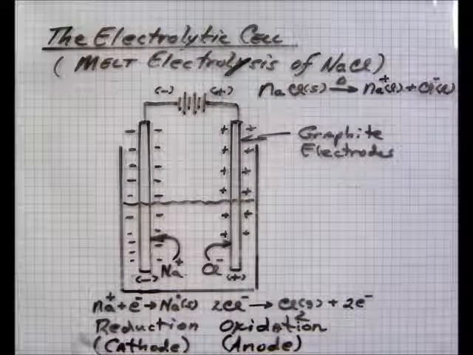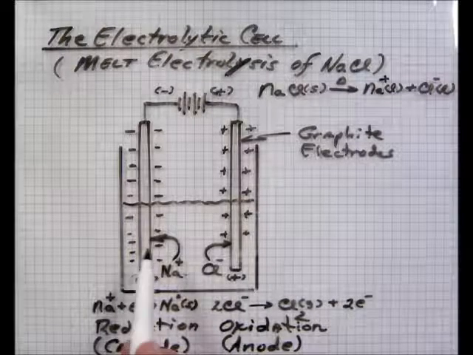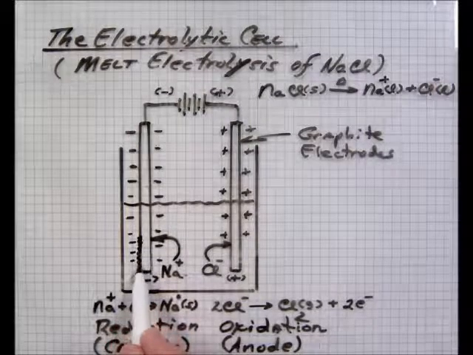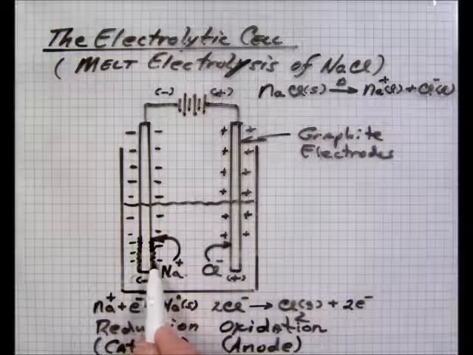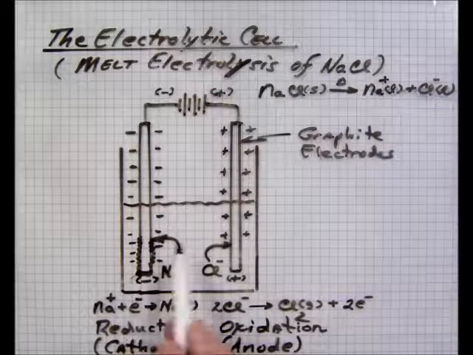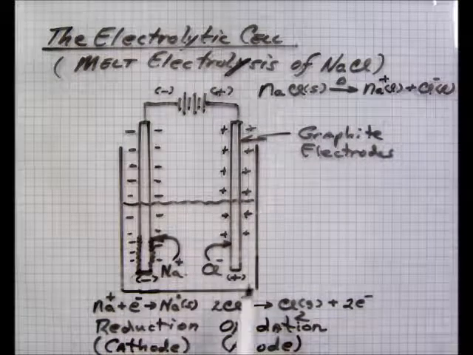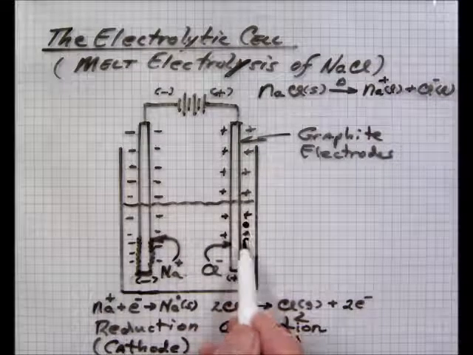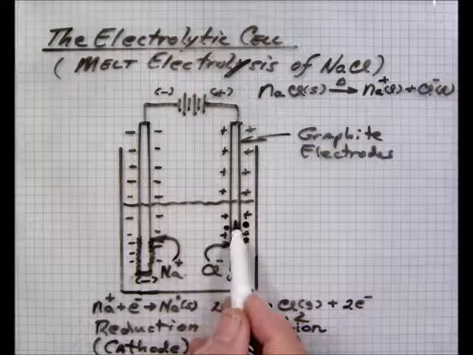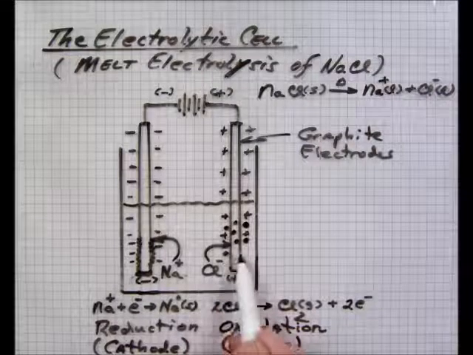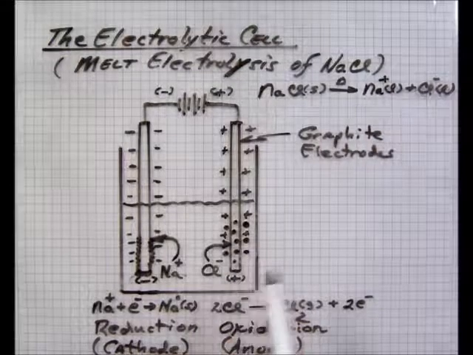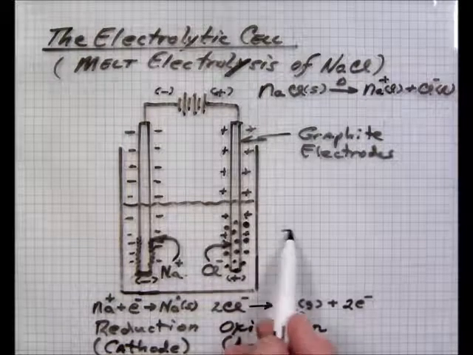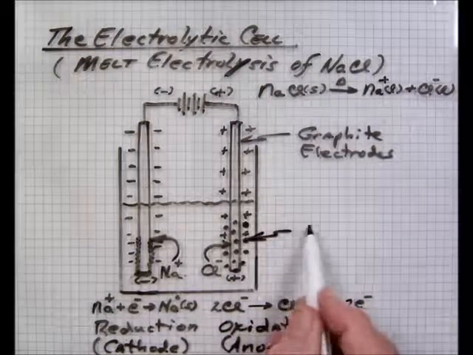Now, what you will observe in this, of course, is a buildup of sodium metal on the surface of the electrode if this was a melt process, and you would observe chlorine gas being given off at this electrode as a visible indication of the processes.